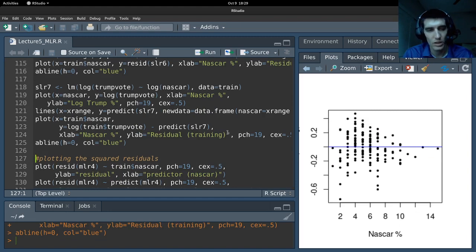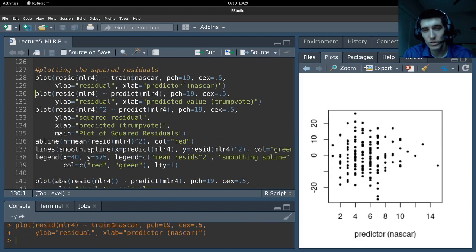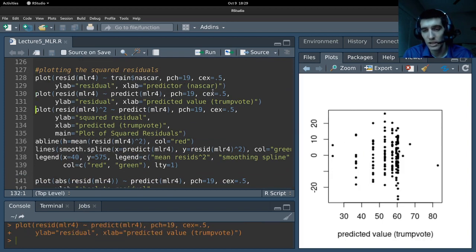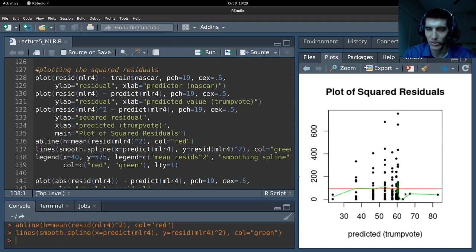Okay. Plotting the squared residuals. The reason we do this is we're looking for constant mean here as a way to assess constant variance, right? Again, a smoothing spline. We've seen this smoothing spline before, but this is how we do it in R. I'm plotting the residuals against the predicted values.